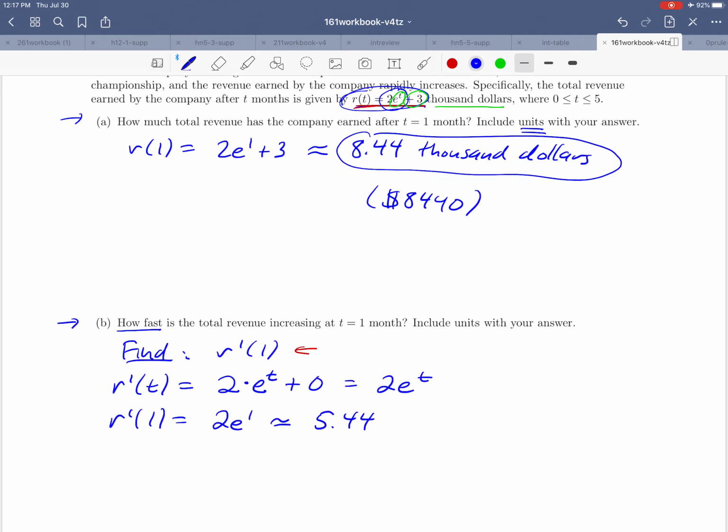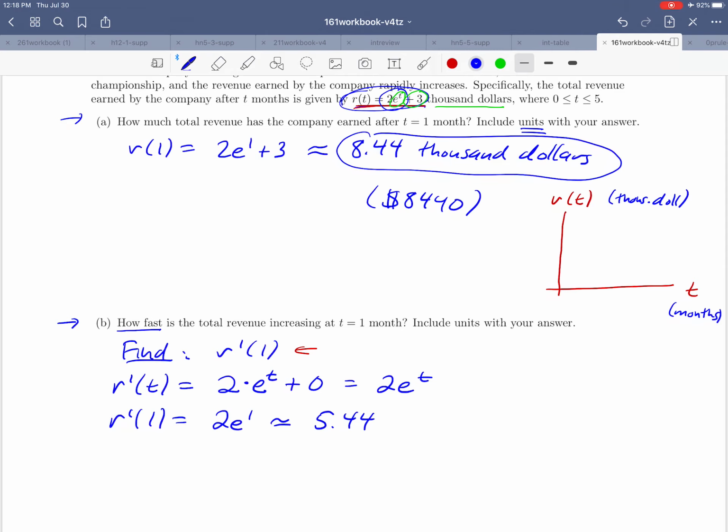Remember, it's a rate of change. We can help ourselves figure out the units by thinking about what a graph of our function would look like. They didn't give us one, but we can still think about it. We had t and r of t, and t was being measured in months, and r of t was being measured in thousands of dollars.